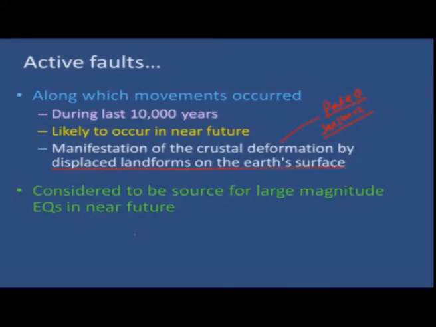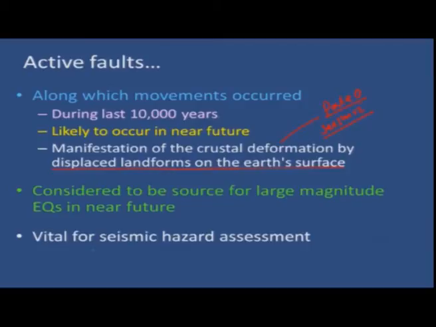The importance is that they are considered to be the source for large magnitude earthquakes in the near future, and this is vital information taken for seismic hazard assessment. For any area which is seismically active, active fault information is extremely required.